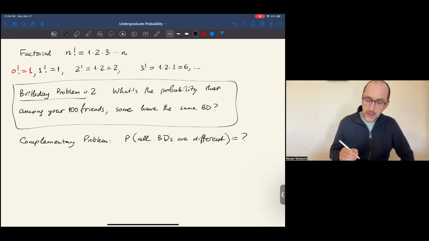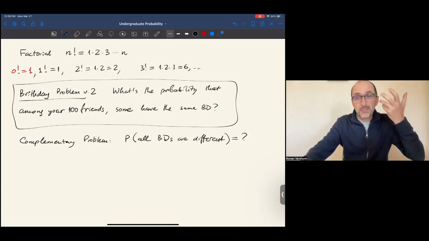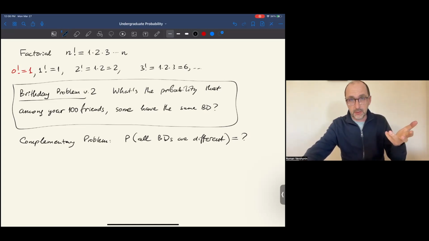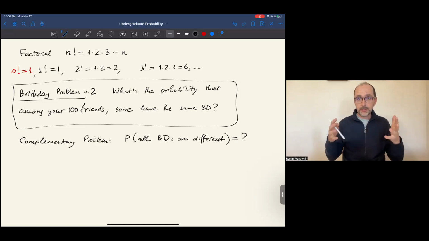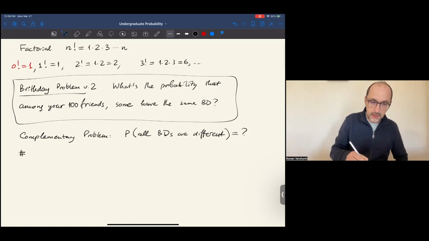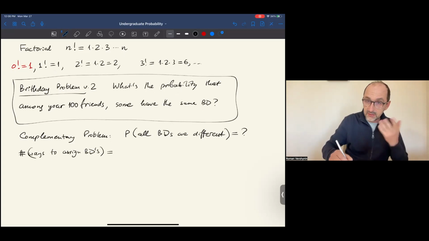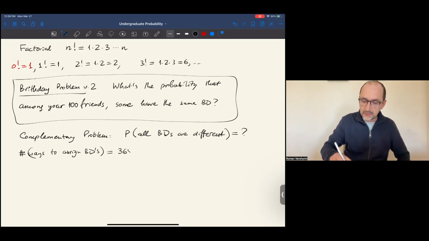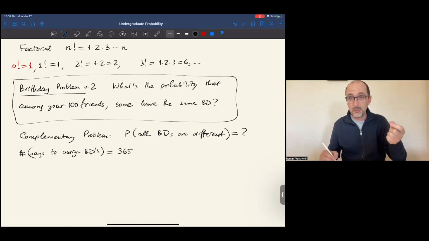Okay, let's solve this problem. How do we do this? We do this by pretending that we're assigning birthdays to our friends. We do not know what their birthdays are, so maybe we're like a superpower who assigns the birthdays. And how many ways are there to do that? The number of ways to assign birthdays to your 100 friends. That's easy. There are 365 ways to assign the birthday to the first friend, obviously.